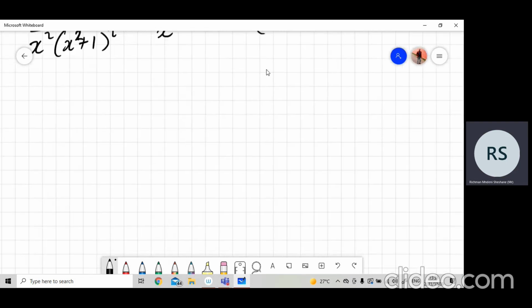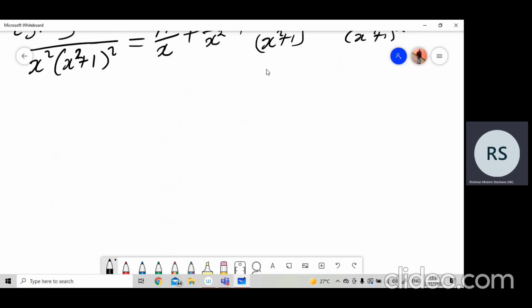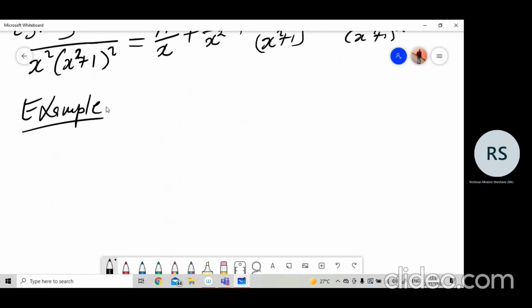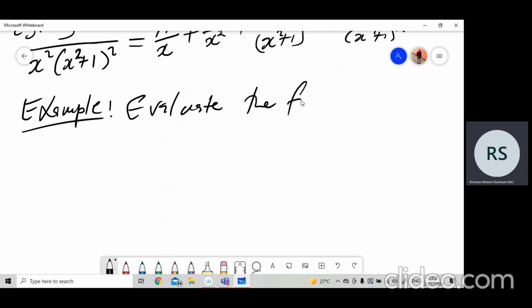So now let's go to integration by partial fractions. The example that we looked at was, they want you to evaluate the following integrals.